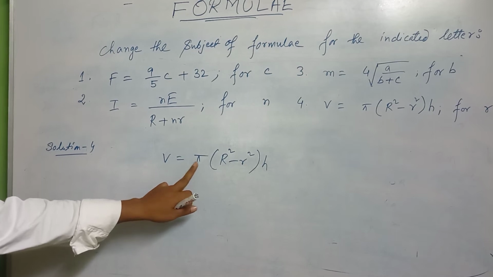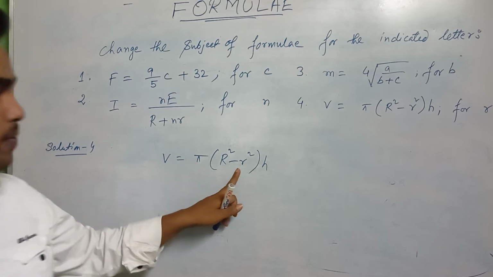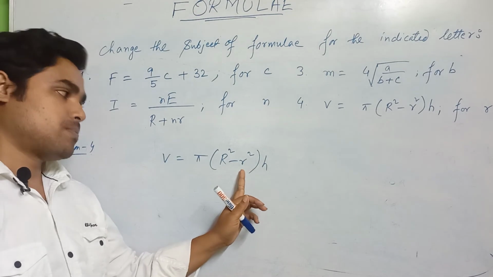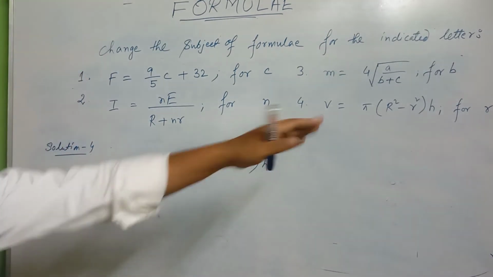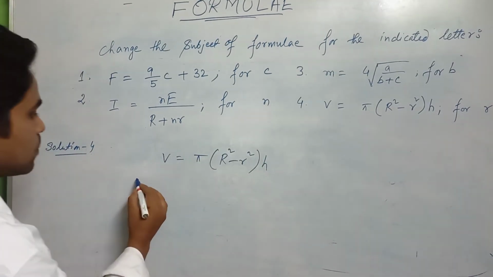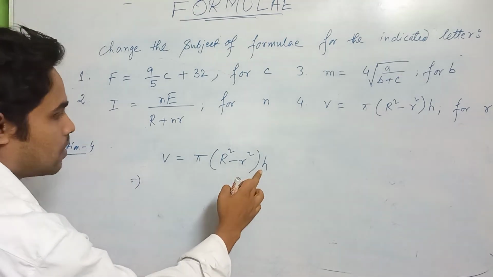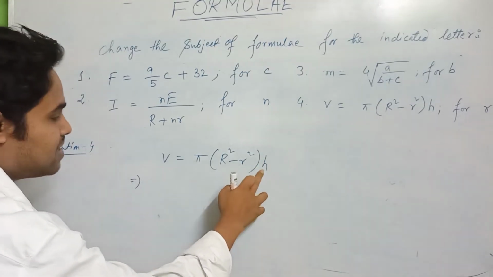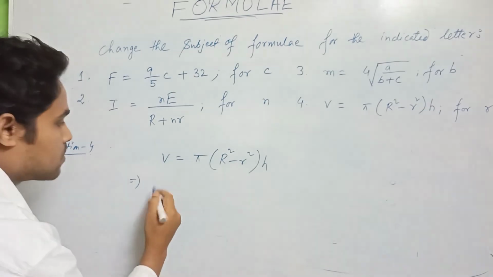Now our next question is v equal to pi, it is called pi into capital R square minus small r square into h. We need to find out small r. So first shift this h towards left and pi also.